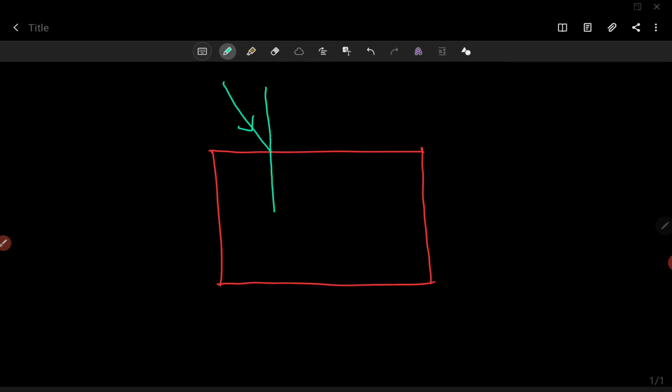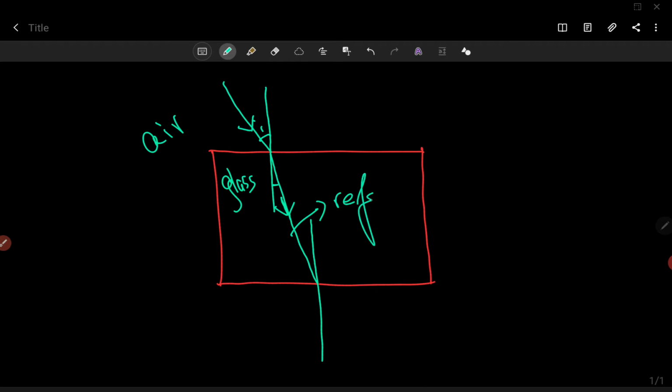Now the ray of light is moving from air to glass. So what should happen? It should bend here towards the normal. Since it is bending towards the normal, we have created one angle of refraction here, and this is the angle of incidence. Now further, if I draw a normal at the point of incidence here, this is my refracted ray, whereas this is my incident ray.